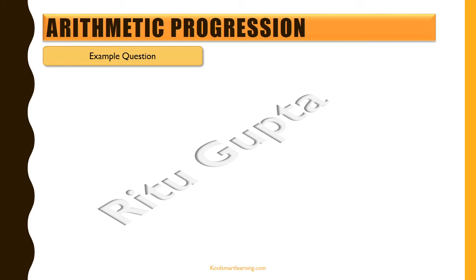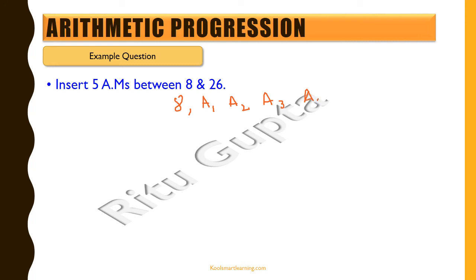So now let's look at the next example question. We need to insert 5 arithmetic means between 8 and 26. So we have 8, then we have 5 arithmetic means which we need to insert. So let's take them to be A1, A2, A3, A4, A5, and then we have 26.